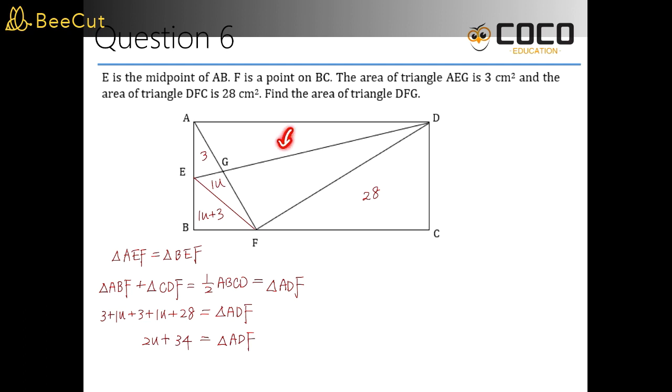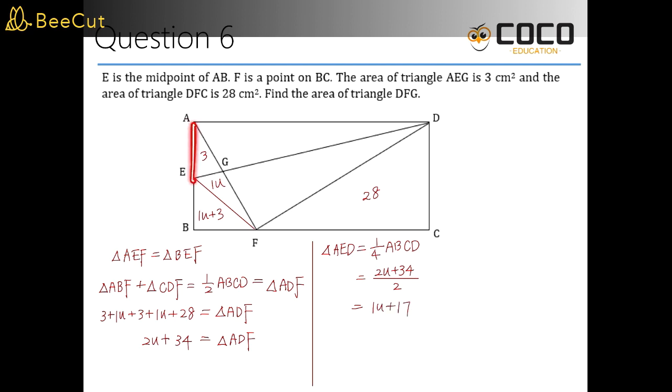Then let's check these two regions. Half of the figure is 2U plus 34. We take a look at triangle AED. Triangle AED is a quarter of ABCD. Half of ABCD is 2U plus 34, so this is 2U plus 34 divided by 2, which is 1U plus 17.